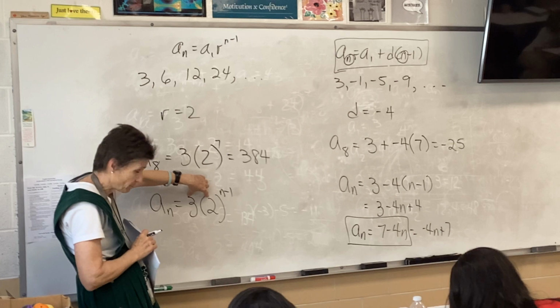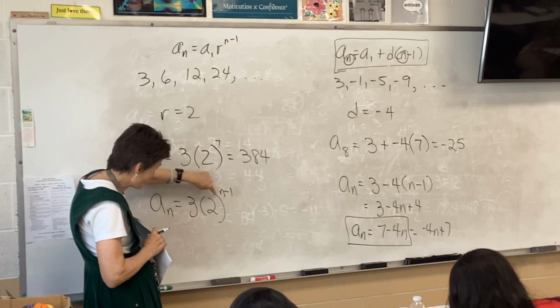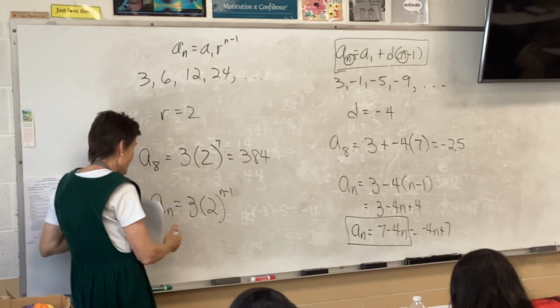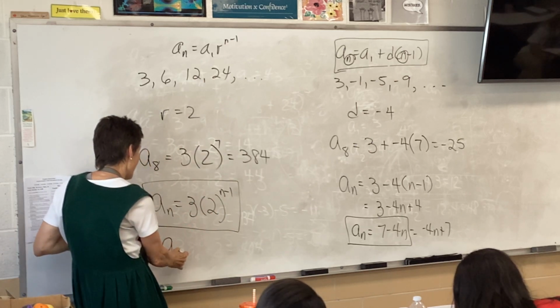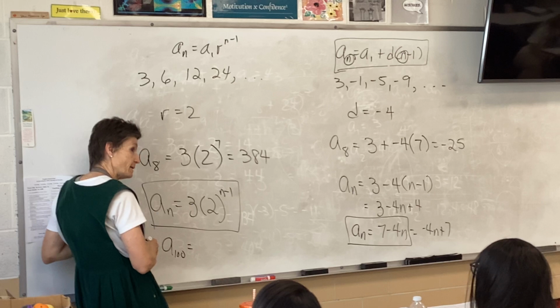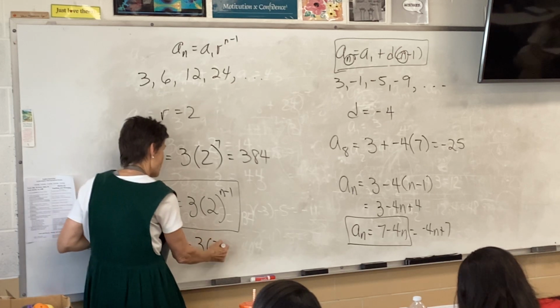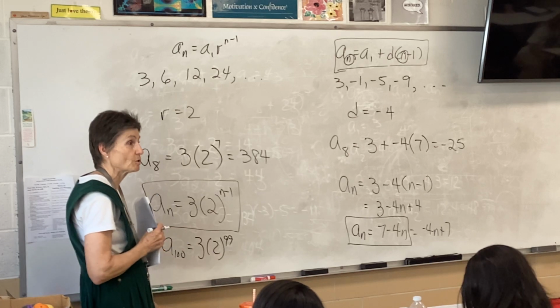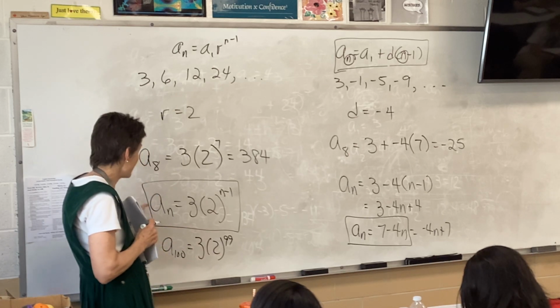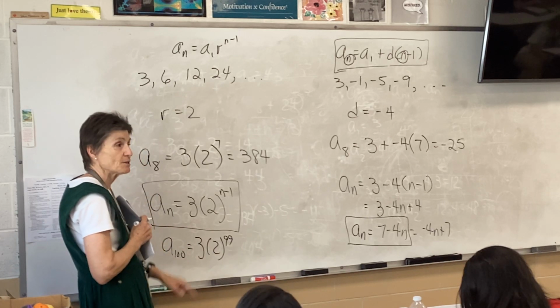These two do not multiply because this one has an exponent. So this is your explicit rule. Look, if I wanted the 100th term, could I find it? Yep. 3 times 2 to the 99, it'll be huge, but that would be the 100th term. Any term I want. The explicit rule gives me any term I want.